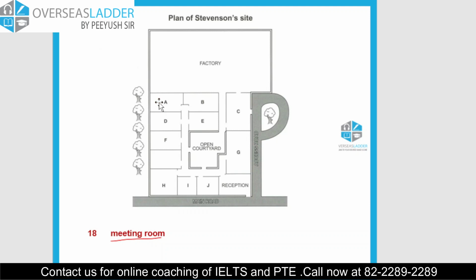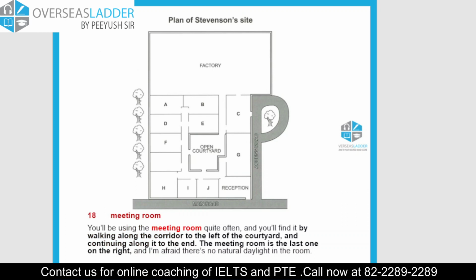Okay, so I think it might be clear, but still, let's have some more clarification. So it says by walking along the corridor to the left of the courtyard. So this is the courtyard, all right? So we're just walking over here, and then it says and continue along it to the end.